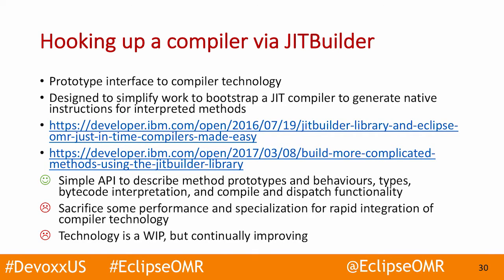So it's a fairly straightforward interface for describing that. And the end result is that it produces the IL that can be consumed by the compiler. The downside of doing this is that because it's a much more general framework, you are sacrificing a bit of performance in order to achieve that.